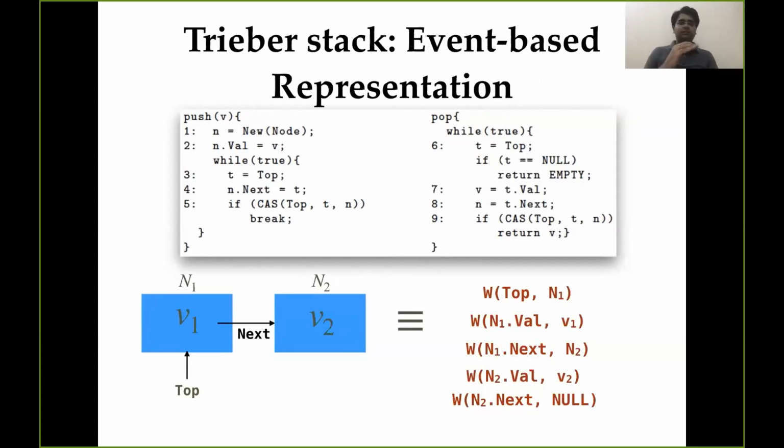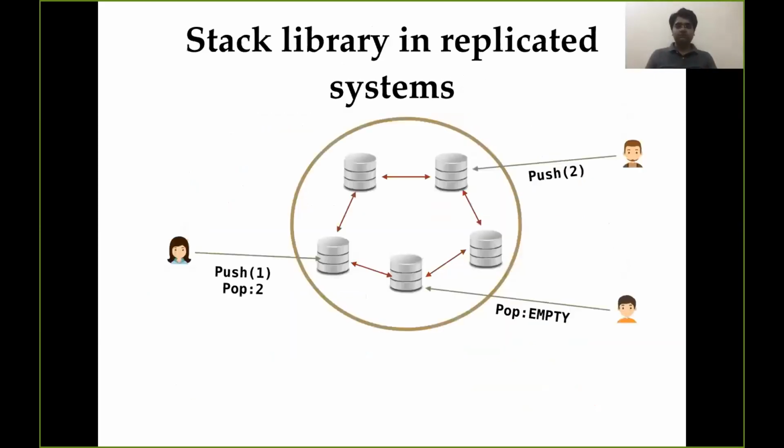For example, the variable top contains a pointer to the node n1 in the linked list based representation, and therefore it's represented as a write event to the top variable containing the value n1. Similarly, the value field of the node n1 contains the value v1, and therefore it's represented as a write event of v1 to n1.val, and so on.